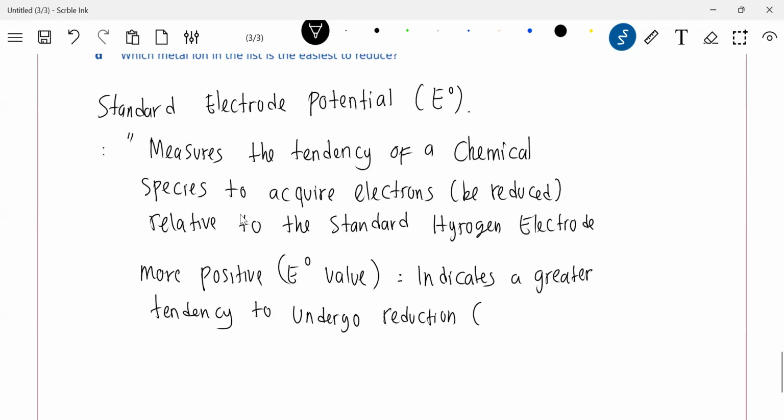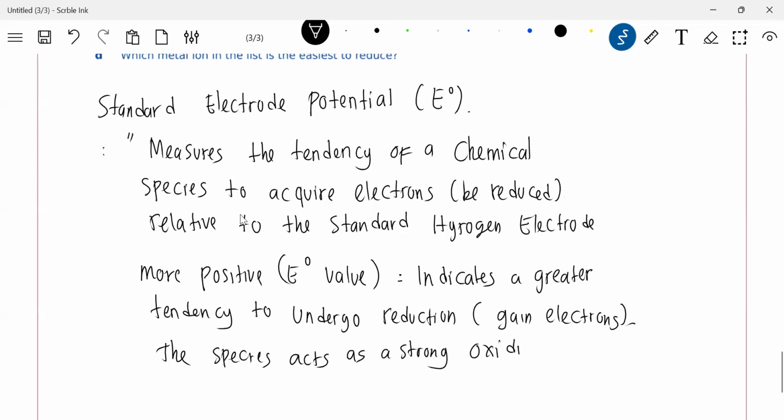It gains electrons. The species acts as a strong oxidizing agent.